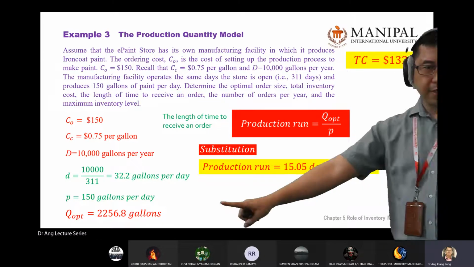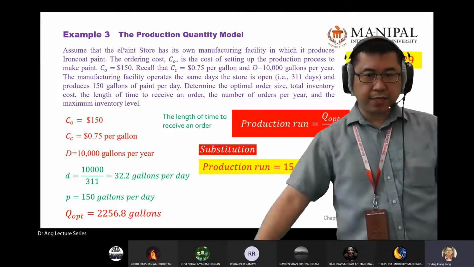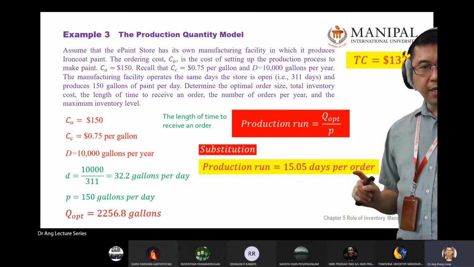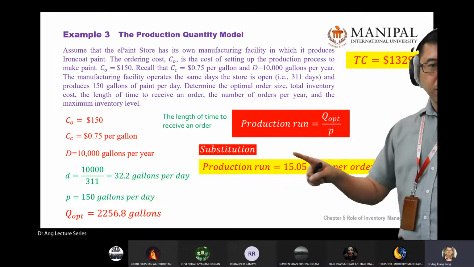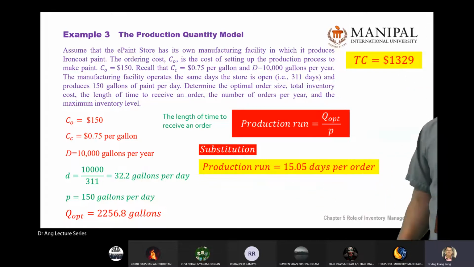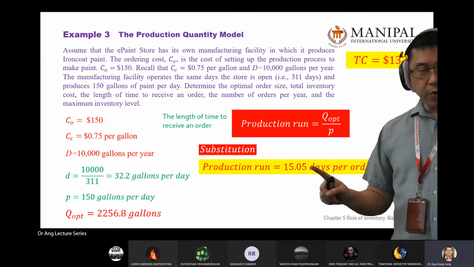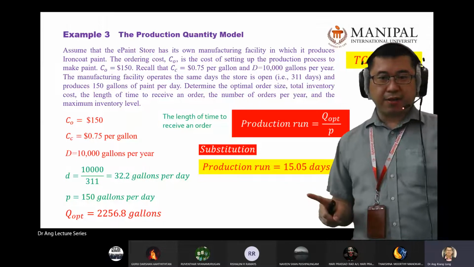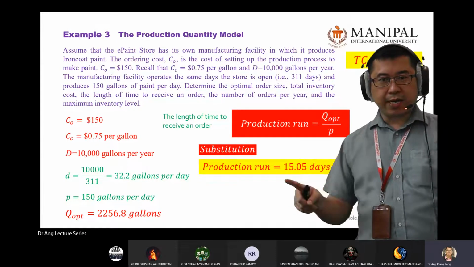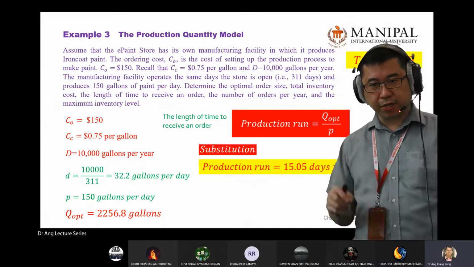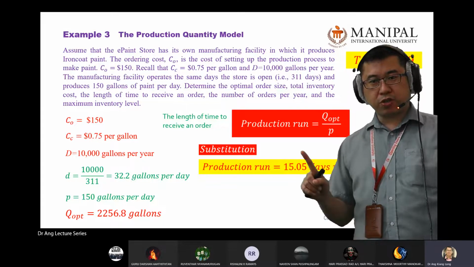So if you take this one divided by this one, your production run needs to run for 15 plus days per order. This 0.05 you can convert to minutes or hours, right? It will help you to calculate the production floor, the workers that you need to station on the production floor.